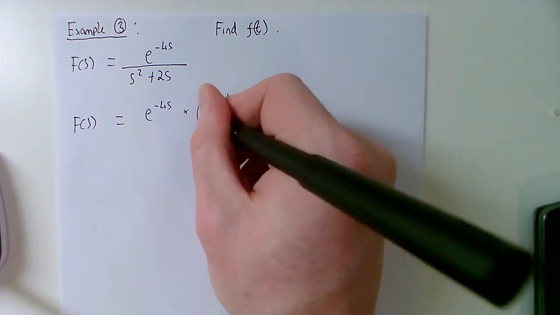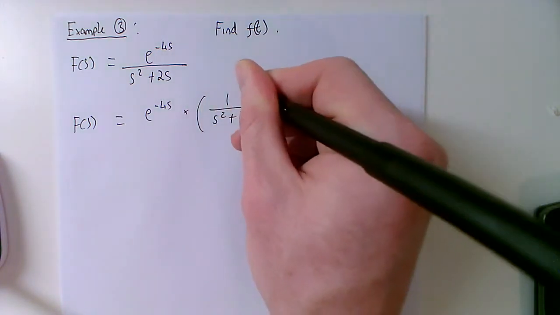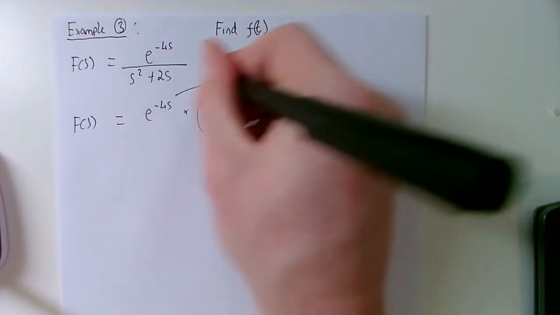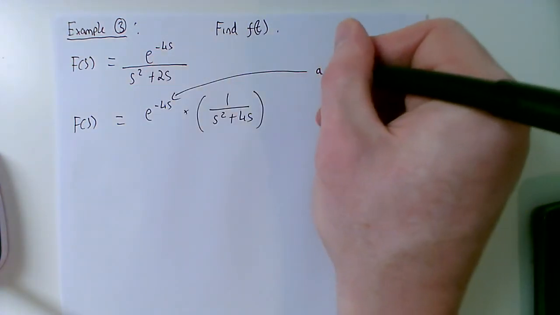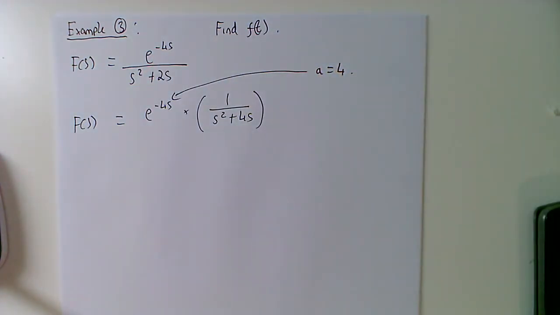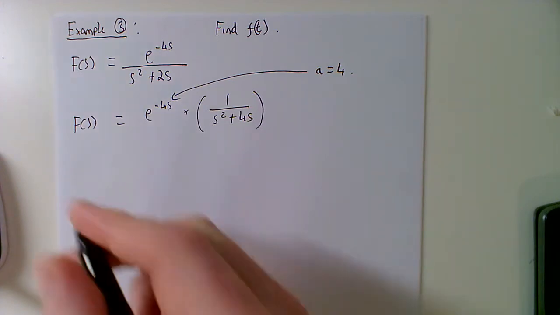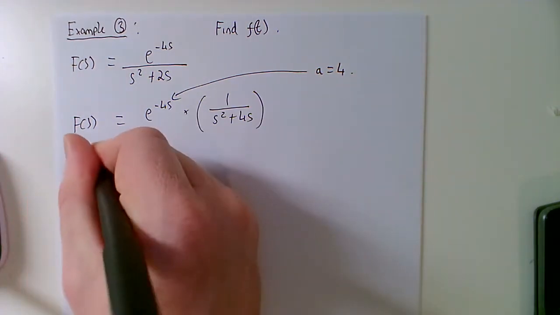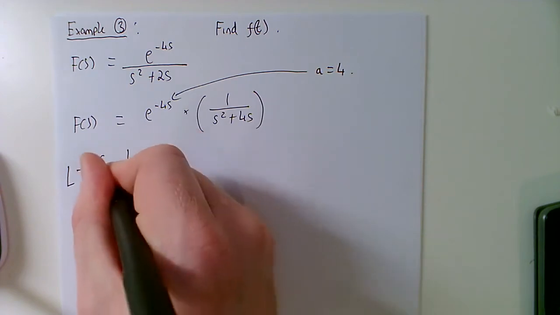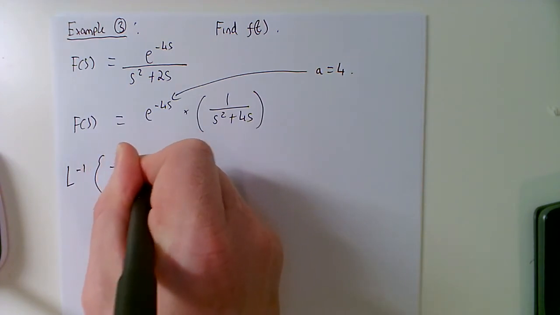1 over s squared plus 4s. Right, cool, so a is 4. Now I then need to find the inverse Laplace transform of 1 over s squared plus 4s.